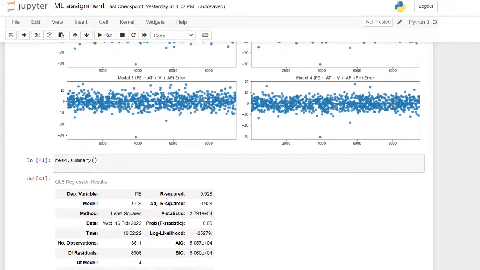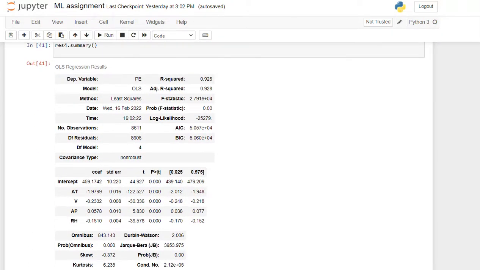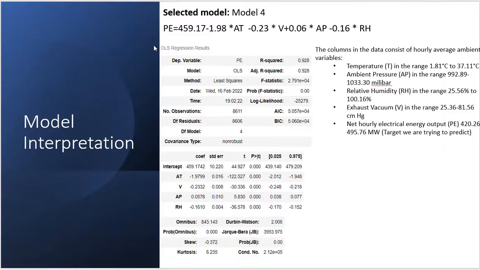If you look at model 4, this is basically the summary statistics for model 4 on the training data set. As you can see, it can explain 92.8% of variation in power output using these four features. And this is basically what the equation looks like. Here we can take a look at the relationship.